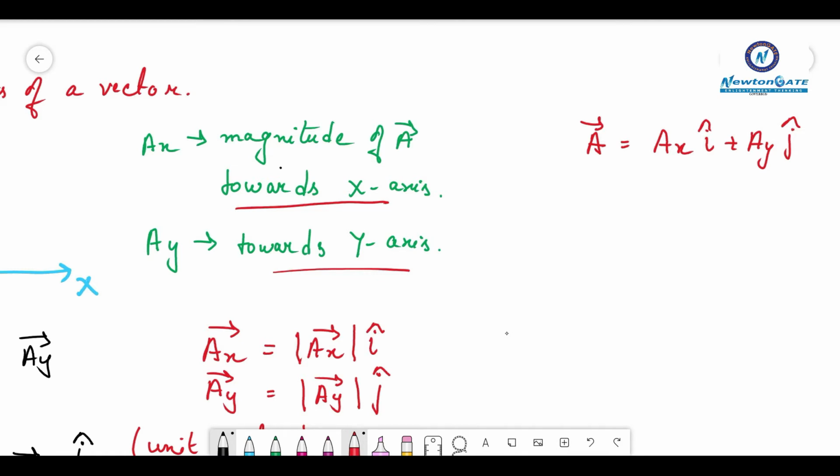What we are saying from this equation is that A is a vector that I have resolved into two components, one towards the x-axis and the other towards the y-axis. This is how you resolve a vector in the xy plane.